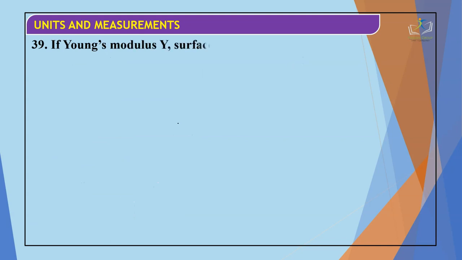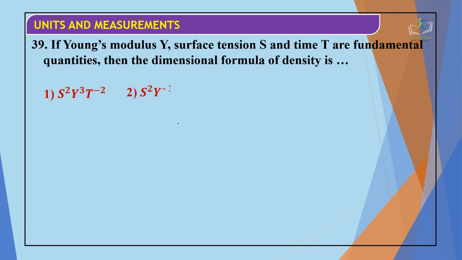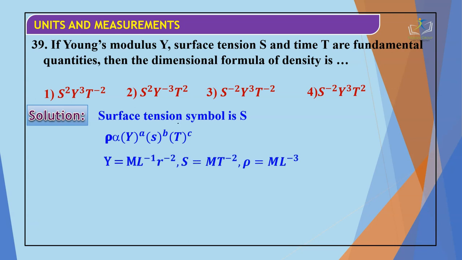Moving ahead, if Young's modulus Y, surface tension S and time t are fundamental quantities, then what is the dimensional formula of density? Now let's see the solution of this question. Surface tension symbol is S, so rho is proportional to Y to the power a, S to the power b, t to the power c. Y is ML minus 1 T minus 2, S is MT minus 2, density is ML minus 3.